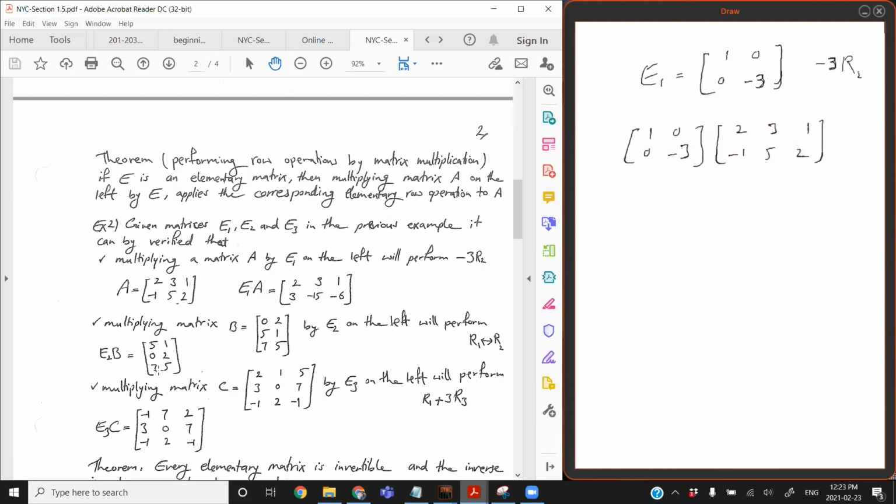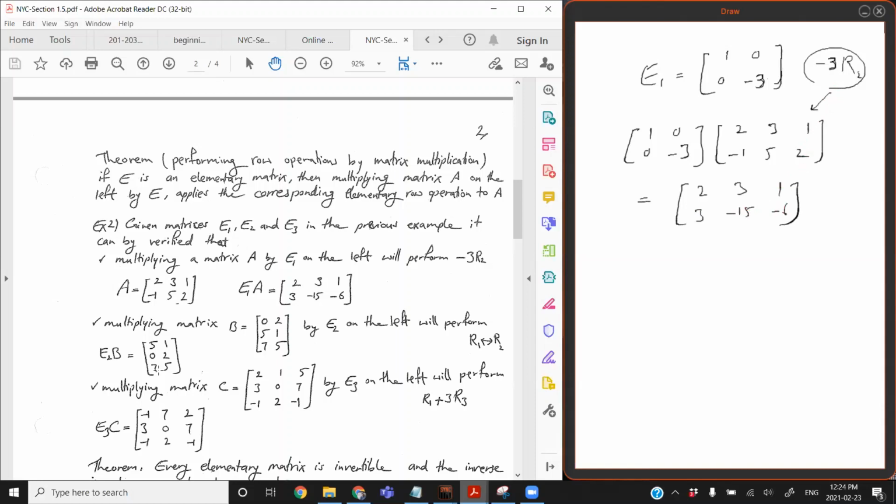The theorem says that if you perform this matrix multiplication, it's as if you are performing this operation on this matrix. So you should get 2, 3, 1, because the first row does not change, and the second row gets multiplied by -3. So you should get 3, -15, and -6.